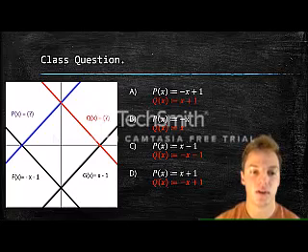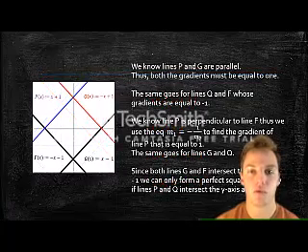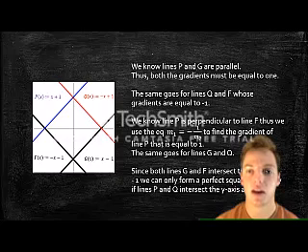I'm just going to talk about it more precisely. We know the lines p and g(x) are parallel to each other, thus the gradient must be equal to 1. The same goes for line q and f(x), whose gradient is equal to minus 1. We know that line p is perpendicular to line f, thus we use the equation of perpendicular lines, m1 equals minus 1 over m2, to find the gradient of the line p, which is equal to 1.